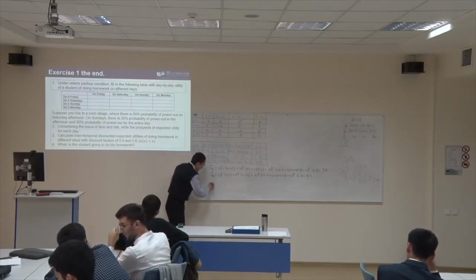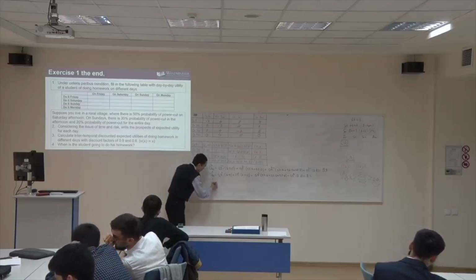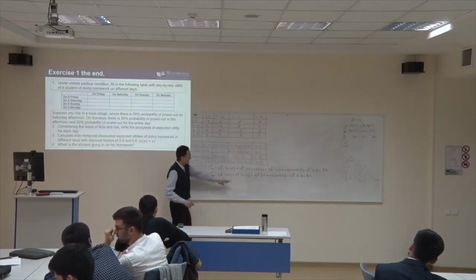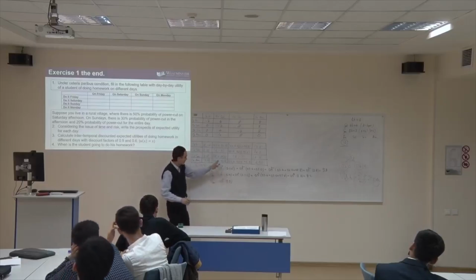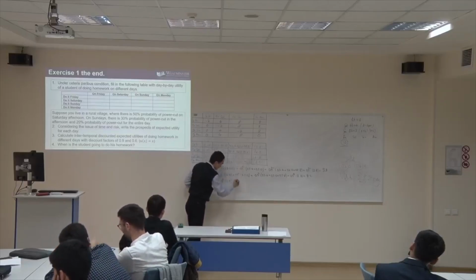So next, utility of doing the homework on Sunday. So 0.9 in the power of 0 times 100% probability of 0. I think you are following the numbers. Yes? Plus, I'm doing it on Sunday, on Saturday, then I can play sport. I can play computer games.